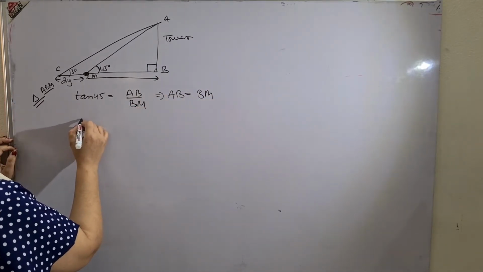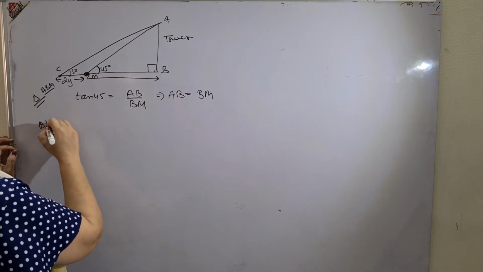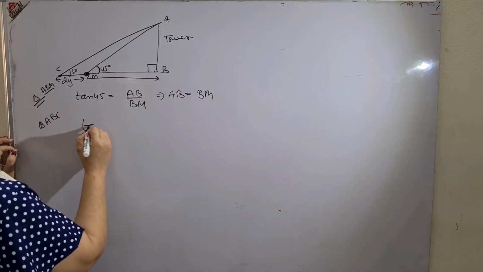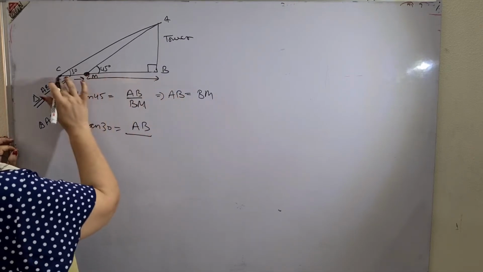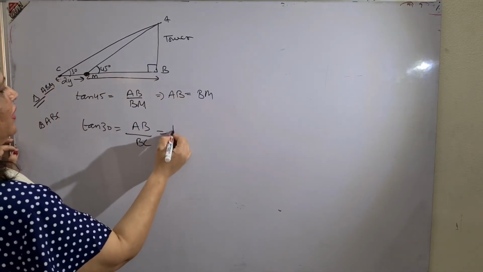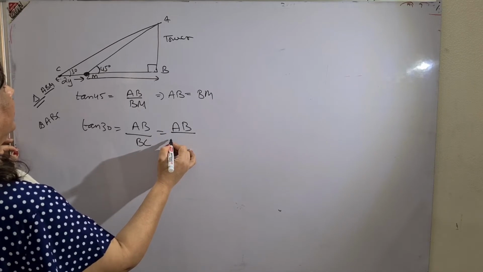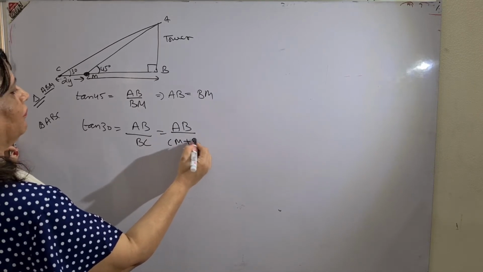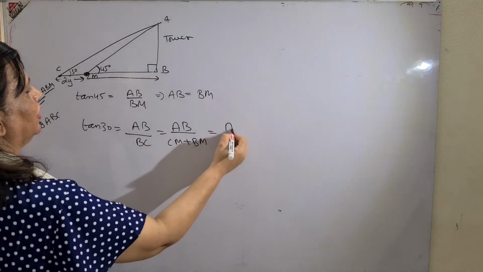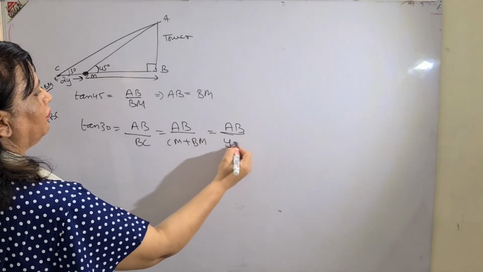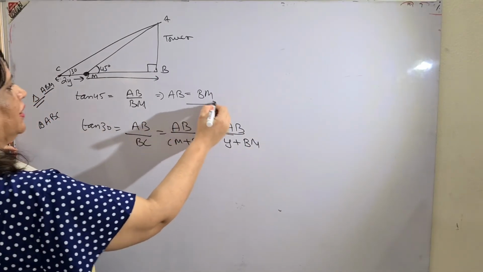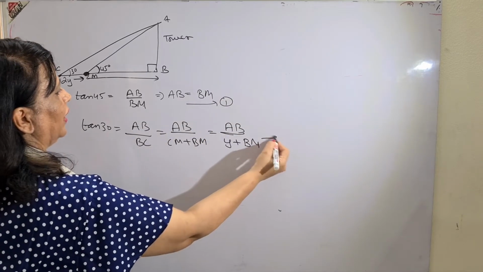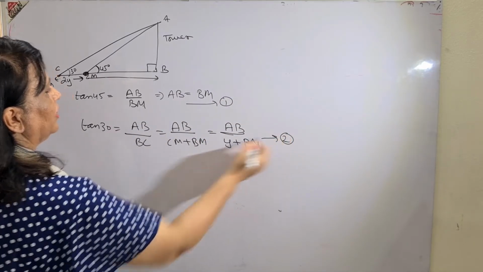In right angle triangle ABC, again mention the name of the triangle, tangent 30 is equal to AB upon BC. BC can be written as CM plus BM. CM they have given you, y, plus BM you don't know. So I have got AB is equal to BM and AB is equal to y plus BM. Two equations.